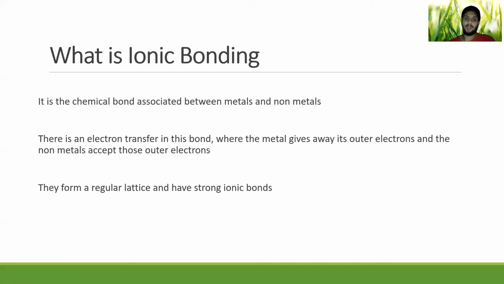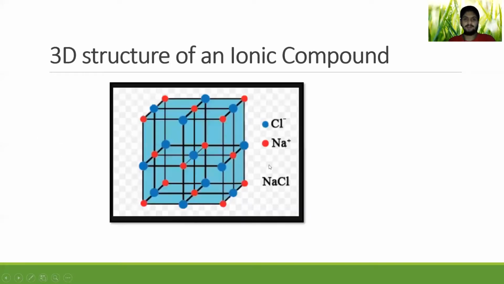And these lattices are very, very large. If you see them in 2D, you don't really see that, but if you project them into 3D, you definitely see that these ionic structures are really massive, with very strong ionic bonds. No worries, you won't be questioned on any of the 3D structures, but it's good for knowledge. So I have here a 3D structure.